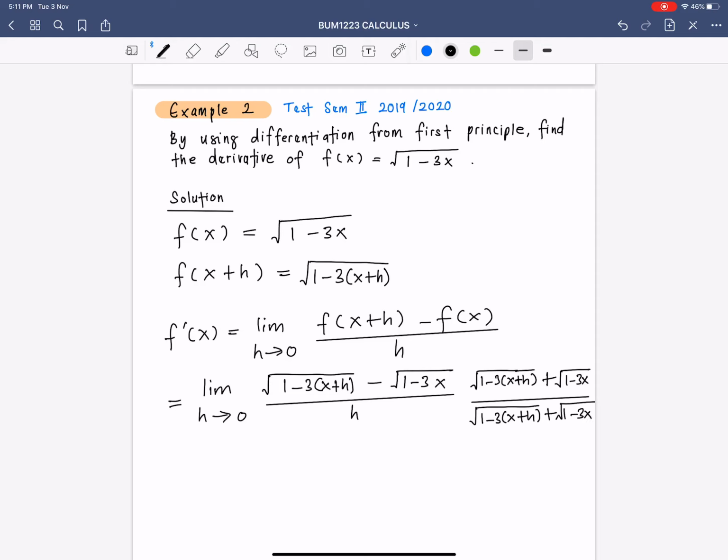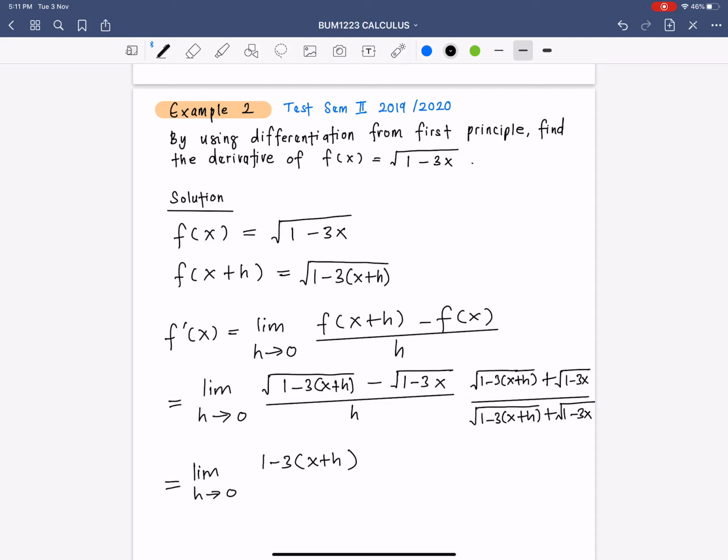From there we get the limit as h approaches 0. When root of 1 minus 3(x plus h) times root of 1 minus 3(x plus h), the root sign is eliminated, so we have 1 minus 3(x plus h).